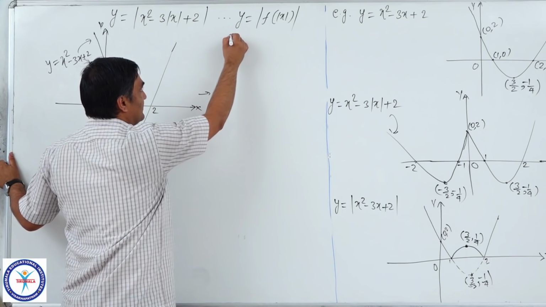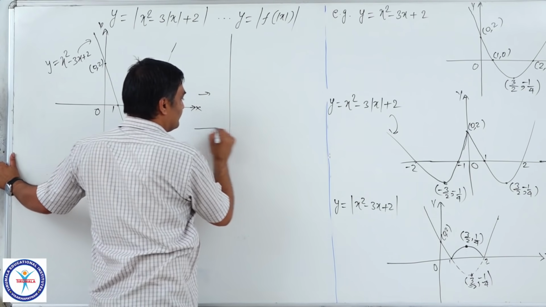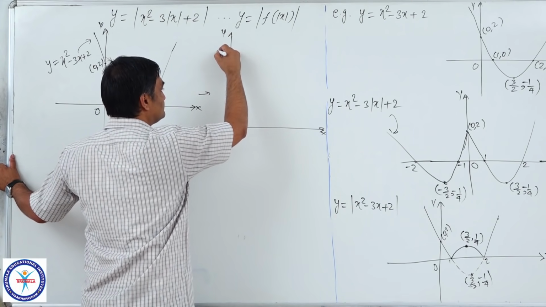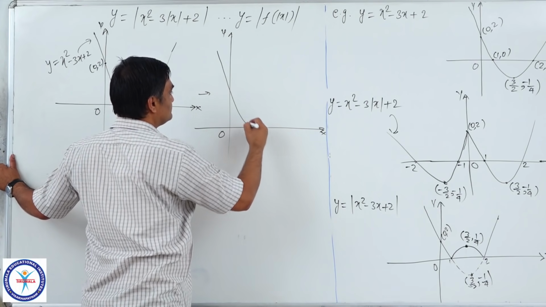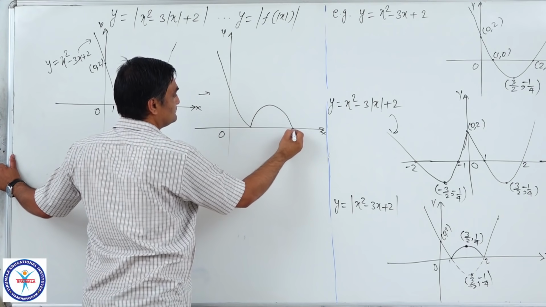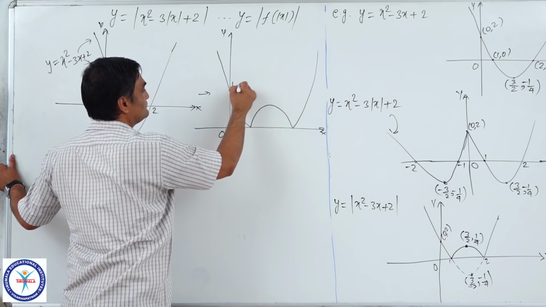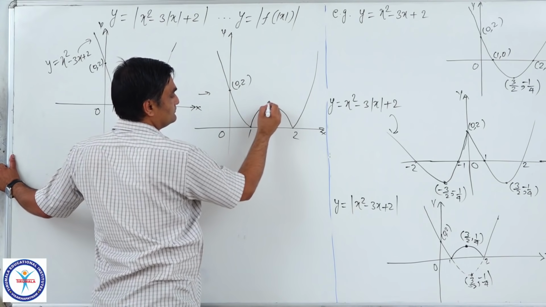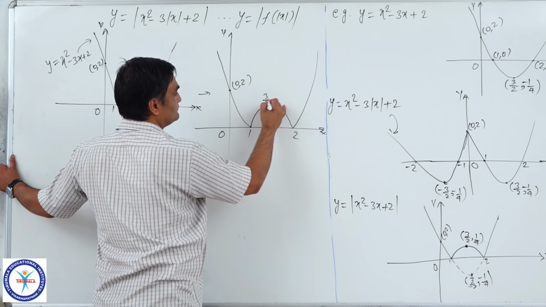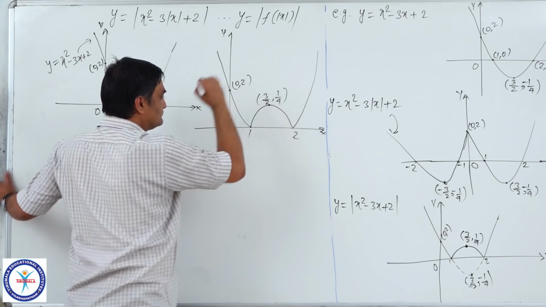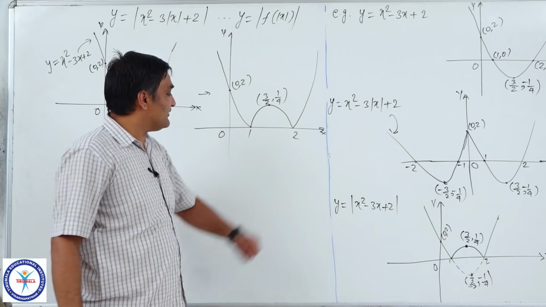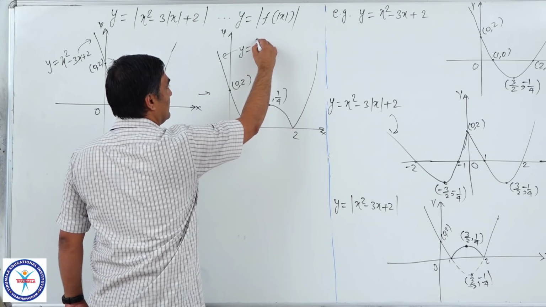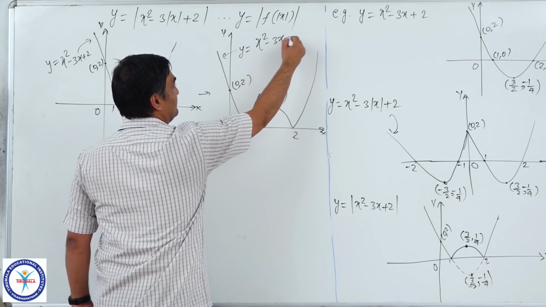Now from here, if we transform like this, so this is what? y equal to mod of x square minus 3x plus 2.